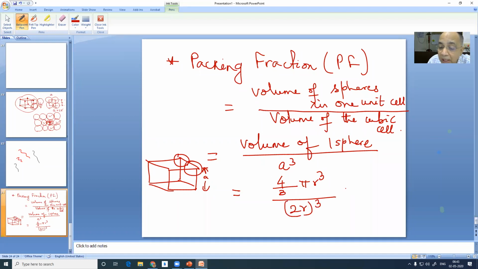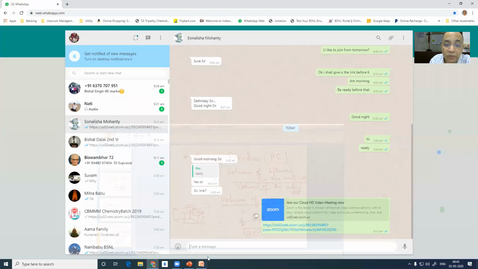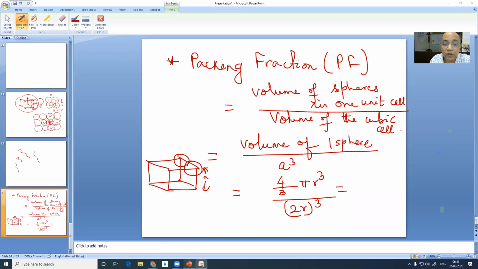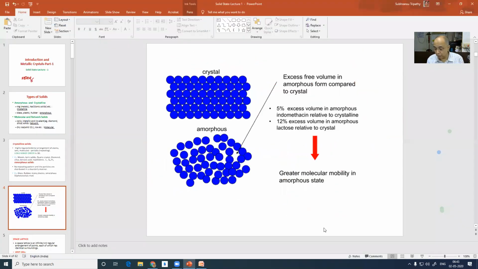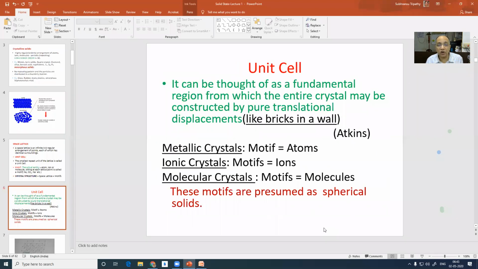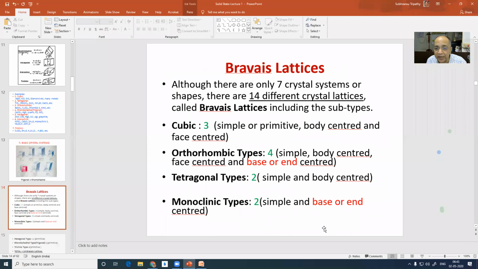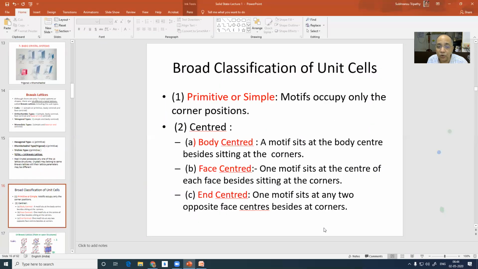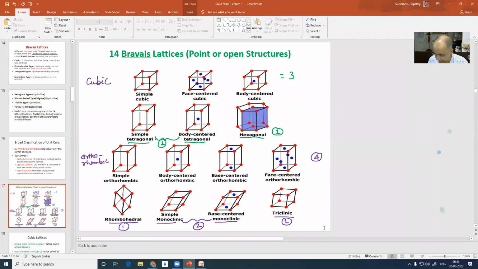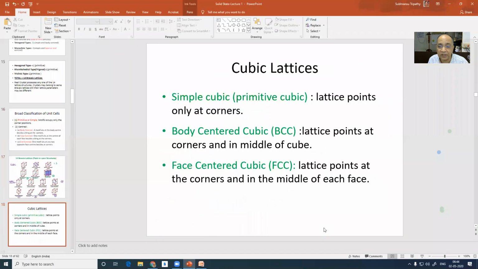The edge length is equal to 2r, whole cube. So r cubed gets cancelled. You are left with only a constant, and its value will be 0.52. I will show you a lot of pictures today. Don't worry, just wait for some time.